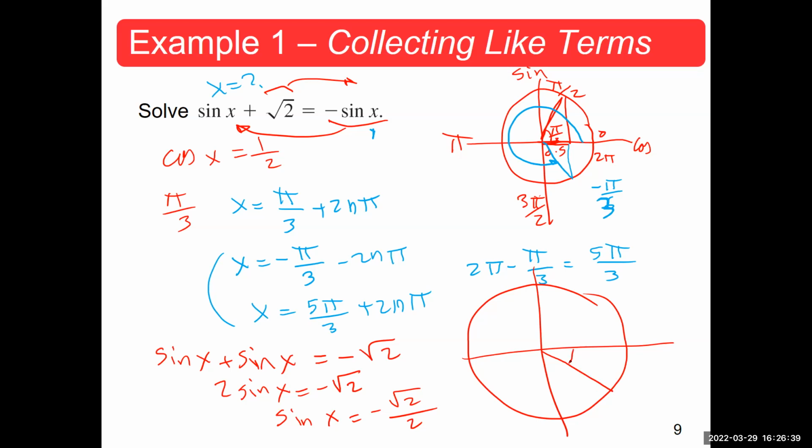So this angle, negative pi over 4, if I take the sine of it, that's this length here, negative square root of 2 over 2. So that's the sine value for this angle. Well, what's the other angle?